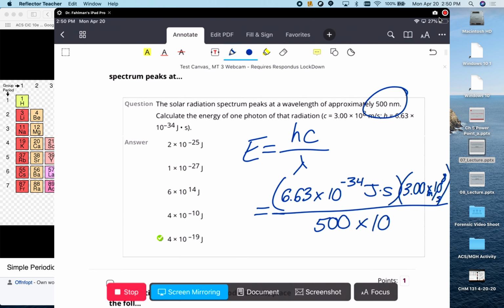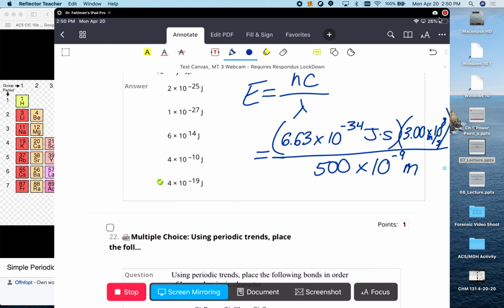Again, write it as 500 times 10 to the minus 9 of a meter, so you don't mess up converting it wrong. Then 6.63e-34 times 3e8, divided by 500e-9. You get 4 times 10 to the minus 19, and joules is the unit here. Everything cancels except joules.